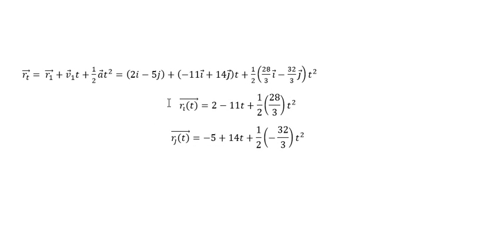And this is the function of r(t) based on i and j.